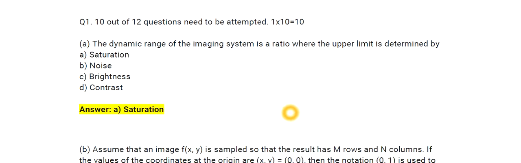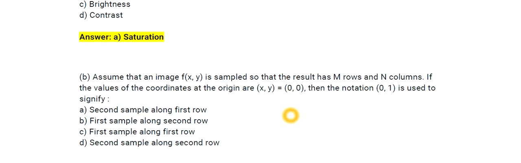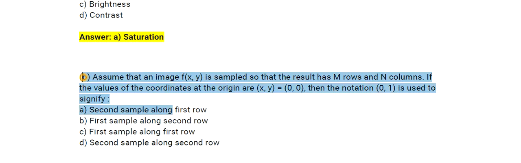Now coming to question number 2. Assume that an image f(x,y) is sampled so that the result has m rows and n columns.